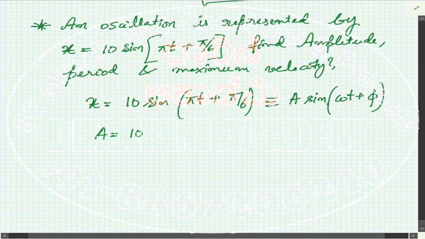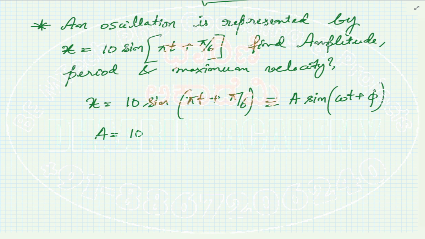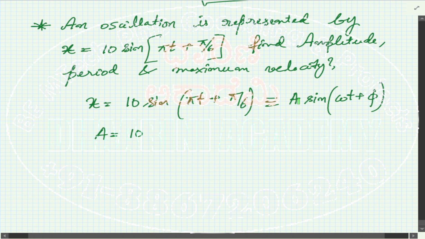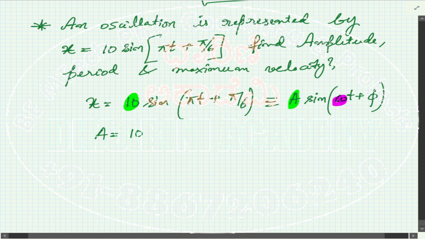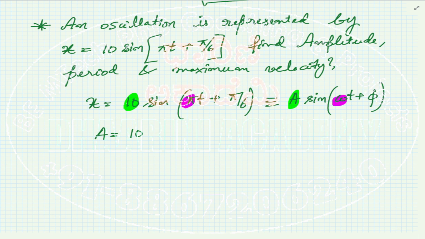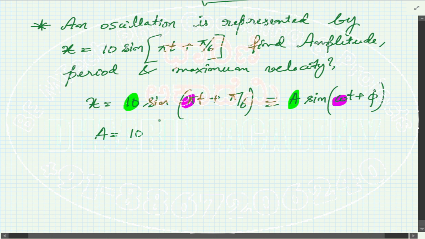Then I can equate both terms to get omega, equating the coefficient of t with pi. So a is 10, direct answer. SI unit is meter, and omega is equal to pi.